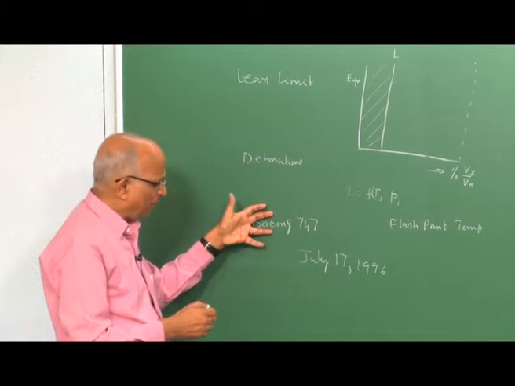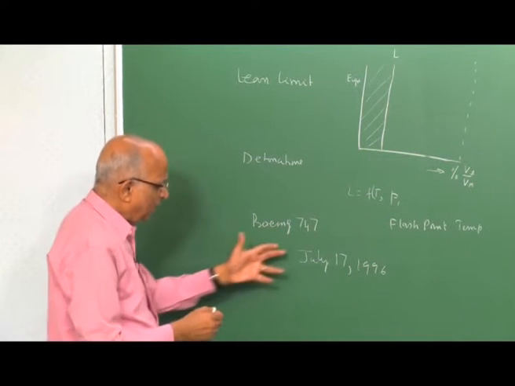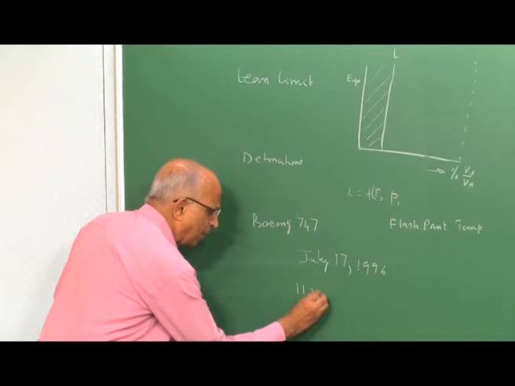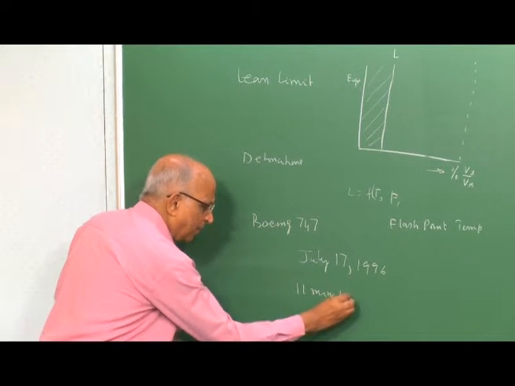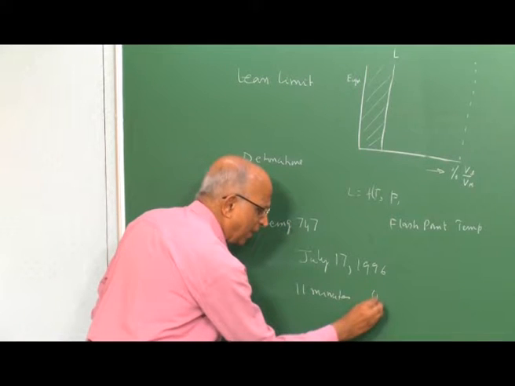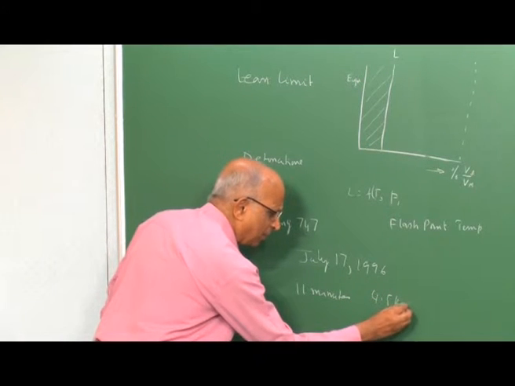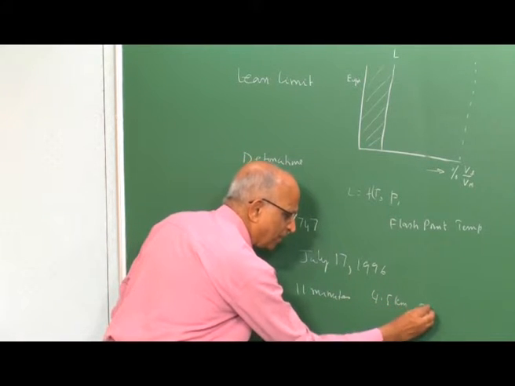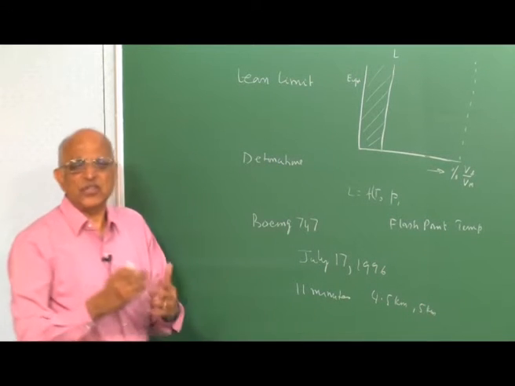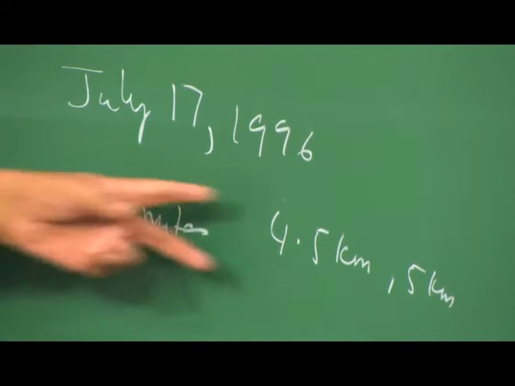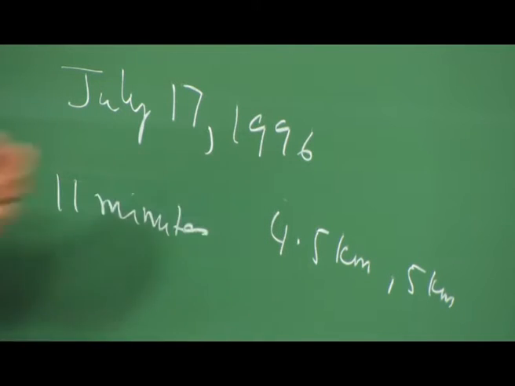It took off, and 11 minutes into the flight after takeoff, that means when it reached an altitude of, let us say, between 4.5 kilometers and 5 kilometers, it all of a sudden vanished, it just exploded. All the 230 passengers in the aircraft got killed.